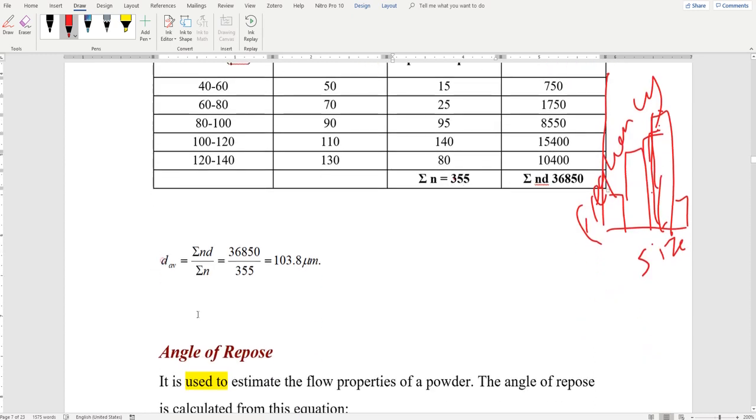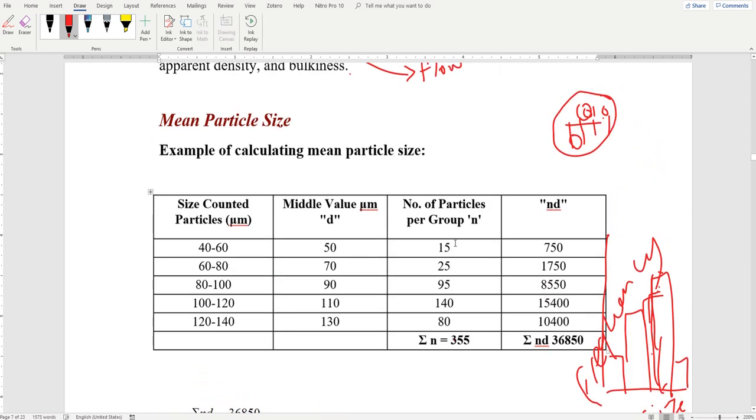Here, look, this is the equation. The average particle size is equal to the sum of the number of particles times the average size of the particles. So what did we do? We multiplied the number of particles by the diameter, the average size.